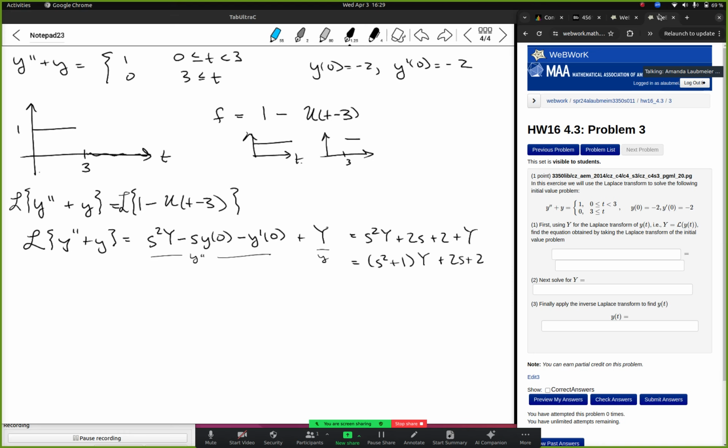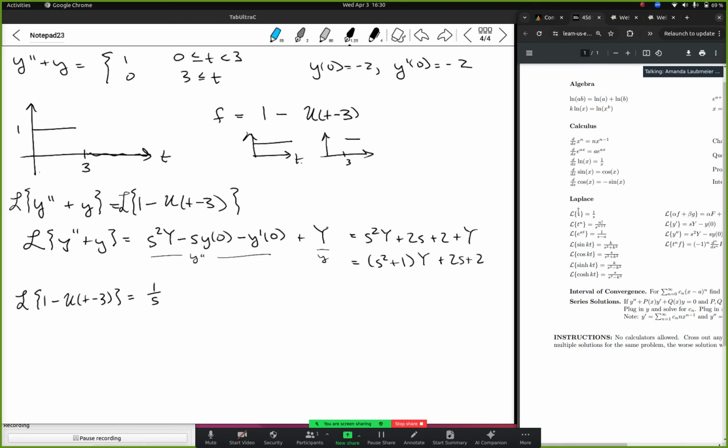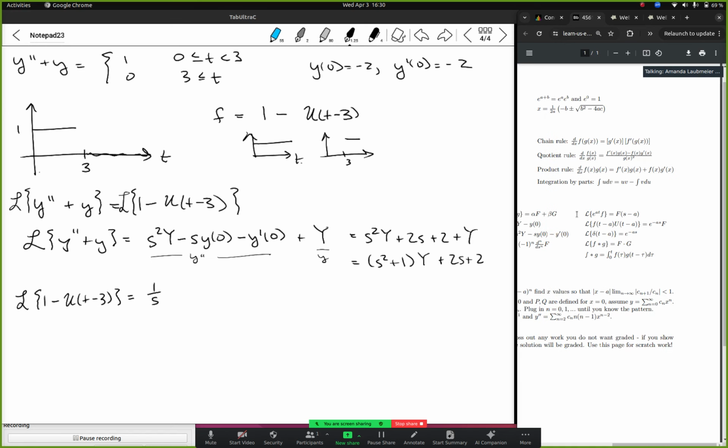And then the Laplace of my right side is the Laplace of 1 minus u of t minus 3. The Laplace of 1 is just 1 over s, according to my sheet right here. And then for the Laplace of u of t minus 3, I apply this property. My f, in this case, is just 1, and my a is 3.